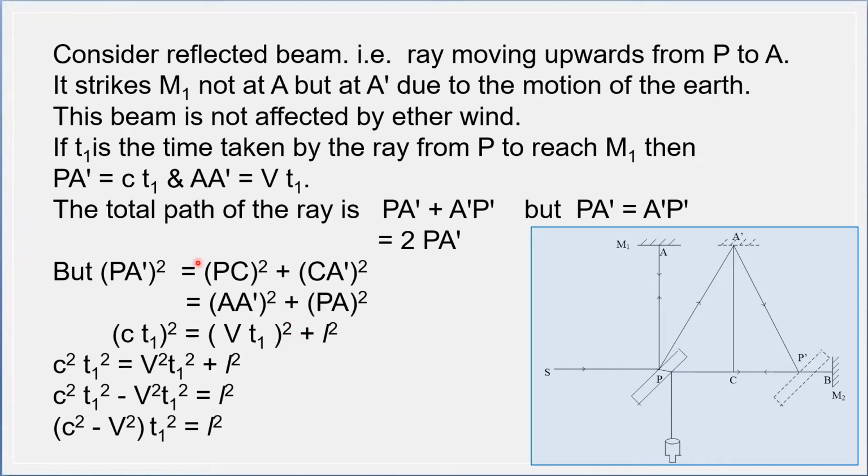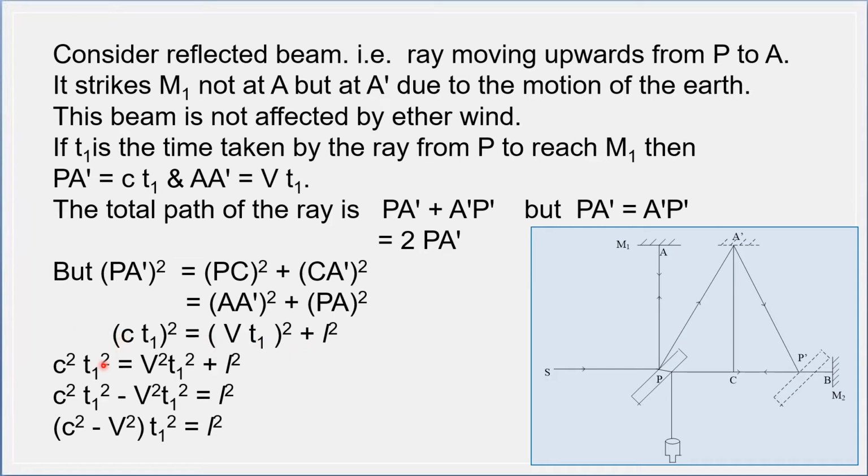Then we have shown earlier that P A dash is cT1, A A dash is vT1, and this PA is nothing but the length L, a fixed length L. So you get c T1 square equals v T1 square plus L square. Square each term.